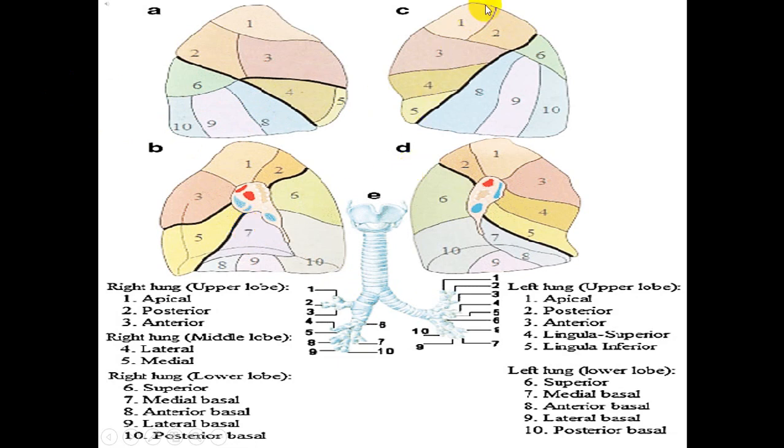On the left lung, in the superior lobe, we have 5 bronchopulmonary segments. 3 of them correspond to these 3. They are apical, posterior, and anterior bronchopulmonary segments.